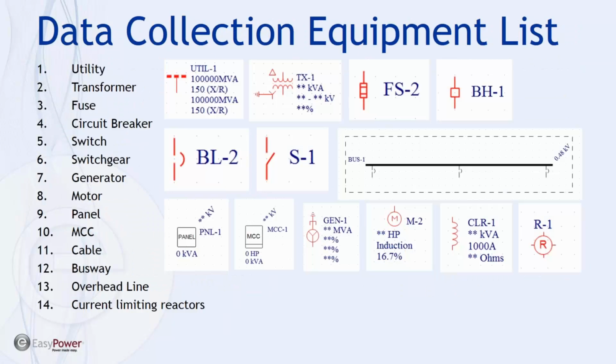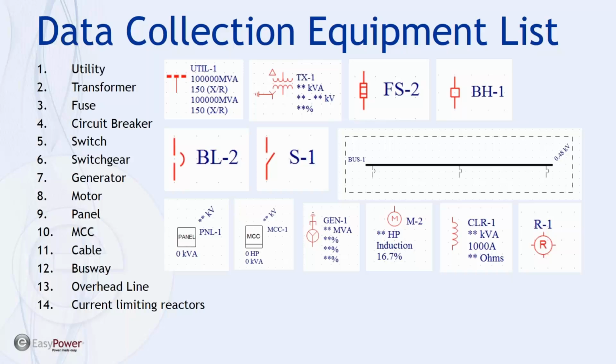Okay, so we're going to touch on each of these types of equipment pretty much in the order of importance or contribution to the major parameters of calculating arc flash. Obviously, utility is very important, the size of the transformer, the energy in the transformer, any protective device that has a trip time, so this would include fuses, circuit breakers, relays, and ATSs potentially. Information on switchgears, motors, panels, MCC, and cables.